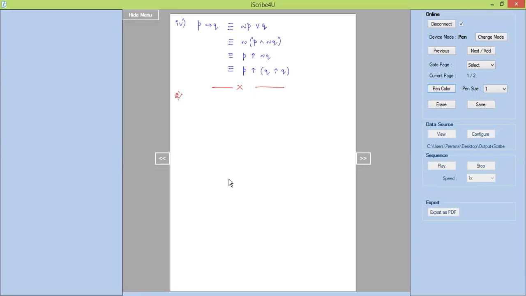Second problem I would like to take up on the converse, inverse and contrapositive concept.